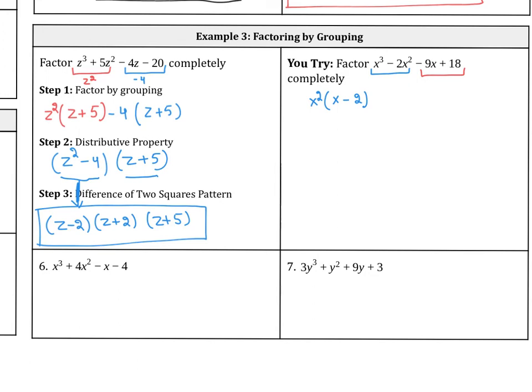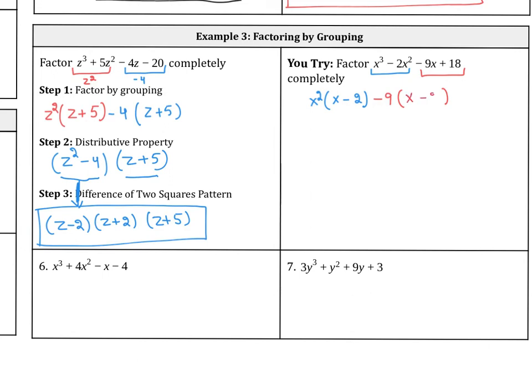On the second one, you're going to take out 9. But remember, you're going to take out negative 9. So once you factor negative 9 out, inside the bracket, the negative term becomes positive and the positive term becomes negative.